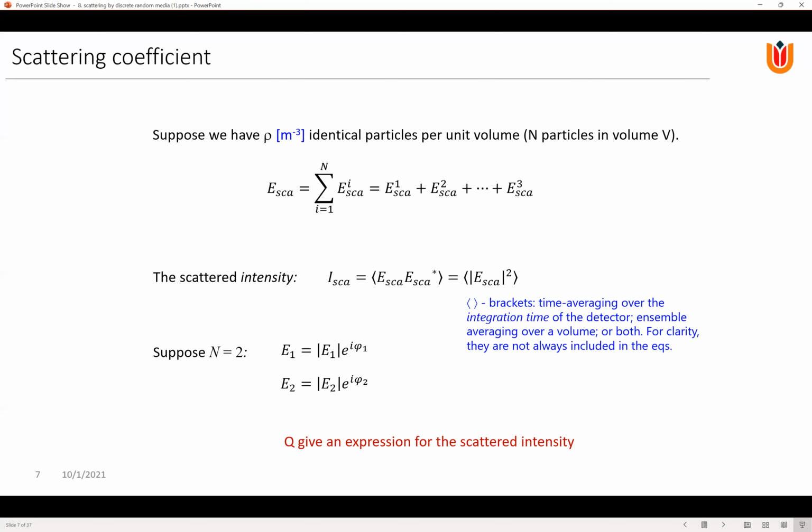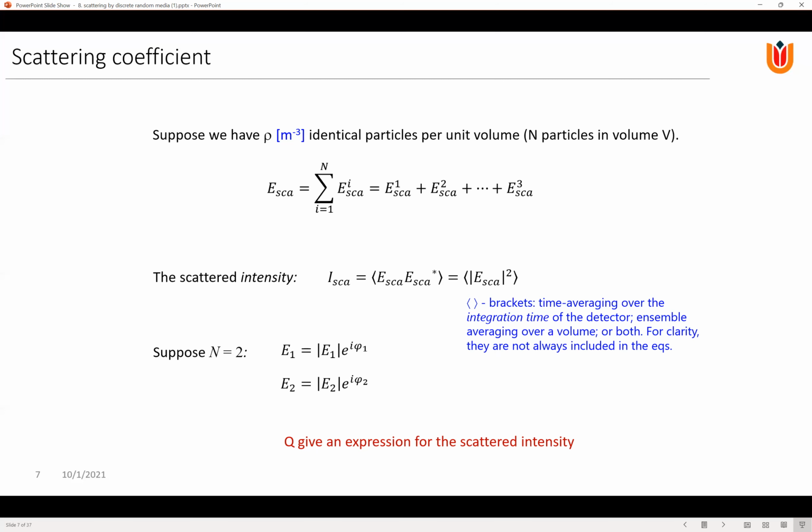So what happens if you add these two? These are two complex representations of the scattered electric field. What happens if you add them? We multiply E1 and E2 or add the two.